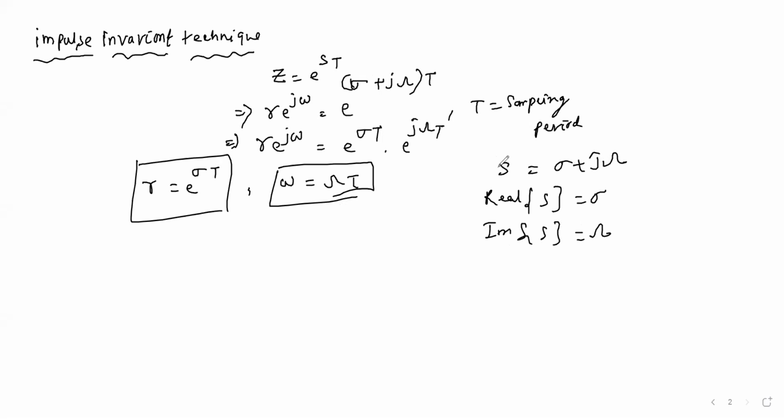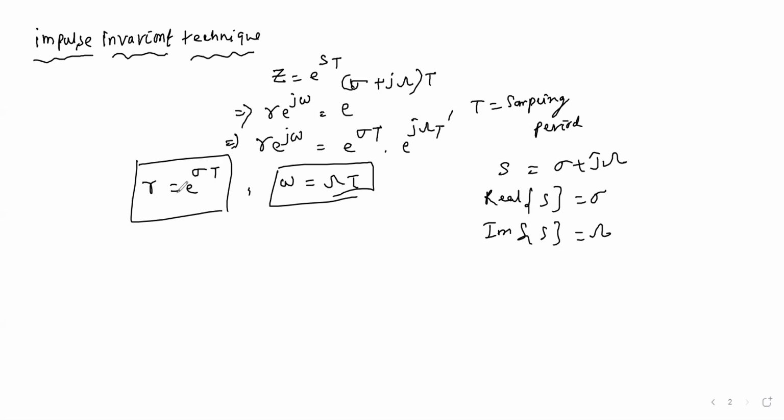S means we can say pole. Now, the real part of the analog pole maps to the radius of the circle. Or we can say that the real part of the analog pole maps to the radius of the digital pole.